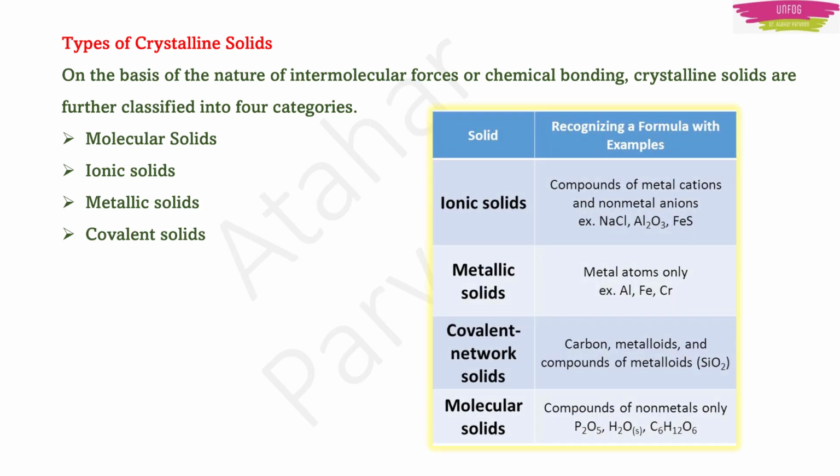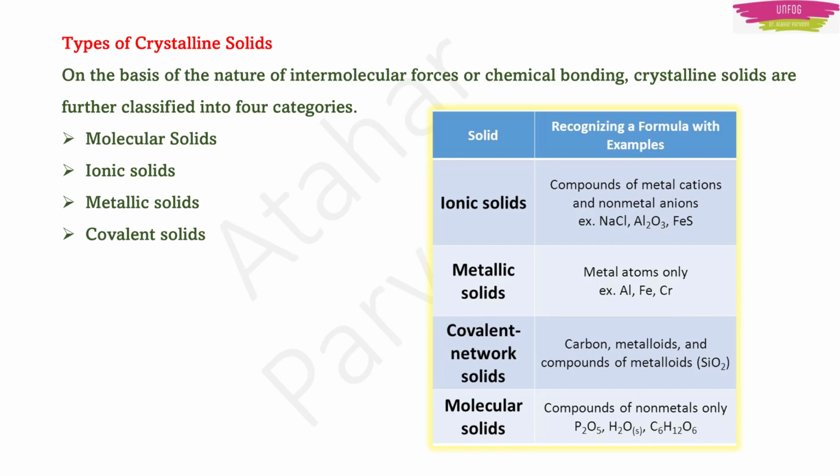I have examples based on these different types of solids. First, we will look at the examples so that we get a rough idea about what type of solids we are talking about. After discussing the examples, we will go into detail about all four types. Talking about ionic solids, these are compounds of metal cations and non-metal ions like sodium chloride, aluminum oxide or iron sulfide.